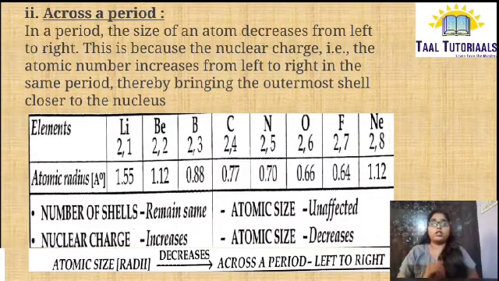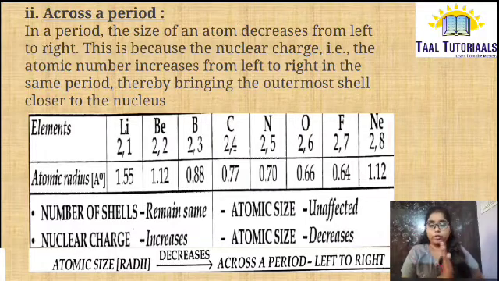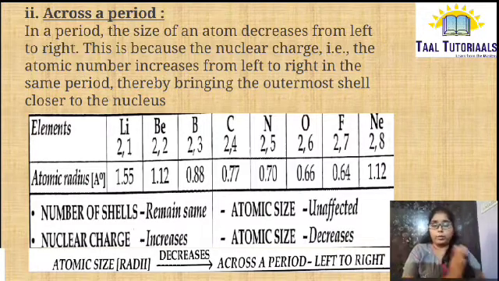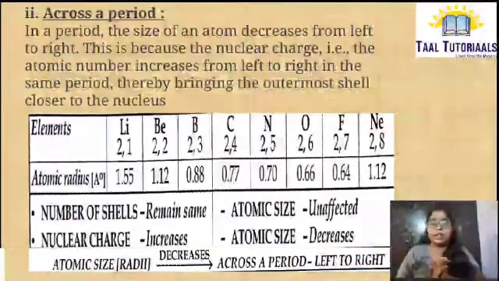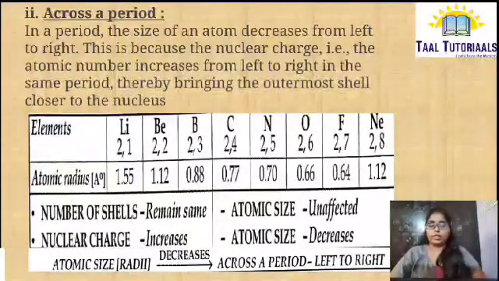This is because of the nuclear charge, that is, the atomic number increases from left to right. There is an increase in the atomic number in the same period, thereby bringing the outermost shell closer, and thereby there is a decrease in the atomic size.